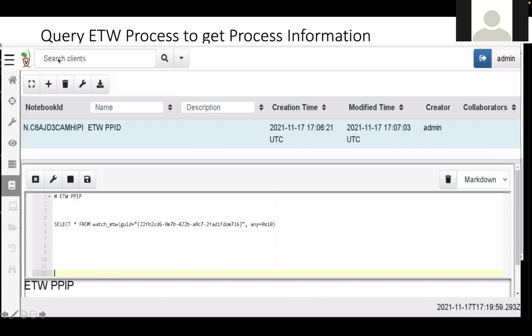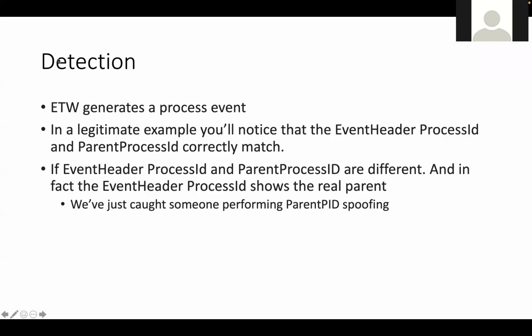What will happen is this will generate some row events, and it'll create a process event. In the legitimate example, you'll see that in the rows returned, the event header process ID and parent process ID correctly match.